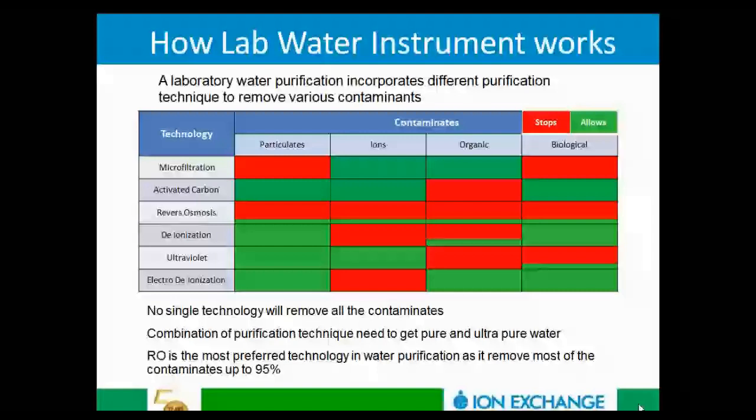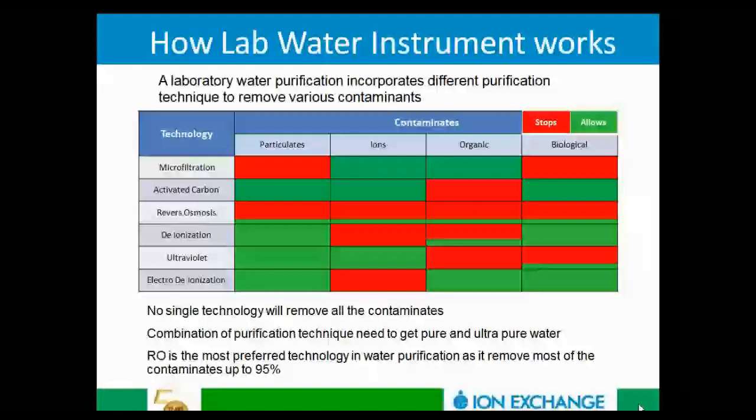For example, activated carbon is very effective, it can remove up to 99% of organic contaminants, but it will pass particulates, ions, and the biological contaminants. It cannot stop them.